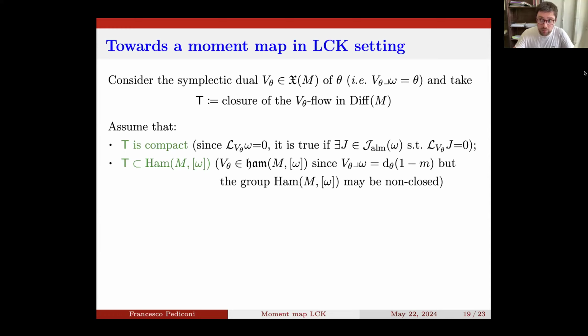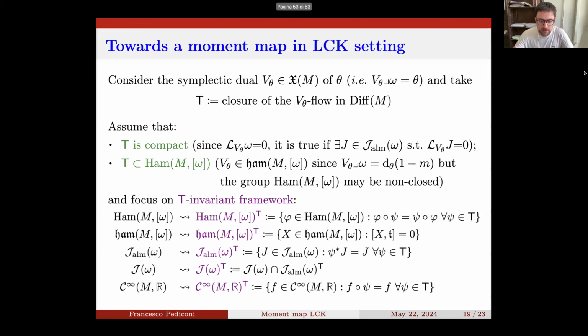But the group of Hamiltonian twisted automorphisms, in general, we don't know whether it is closed or not. So in a sense, this is another condition to check. But at least it is true if the closure is one-dimensional. So if the closure is just a circle action, the second condition is automatically satisfied.